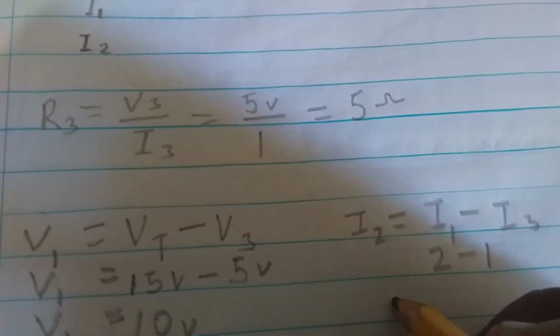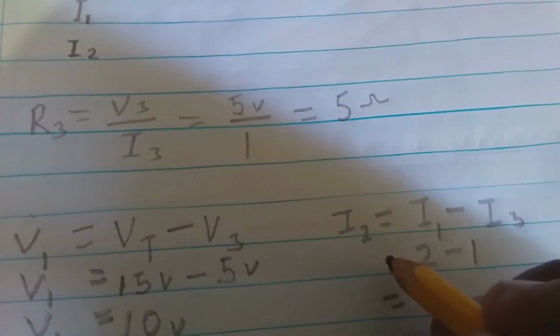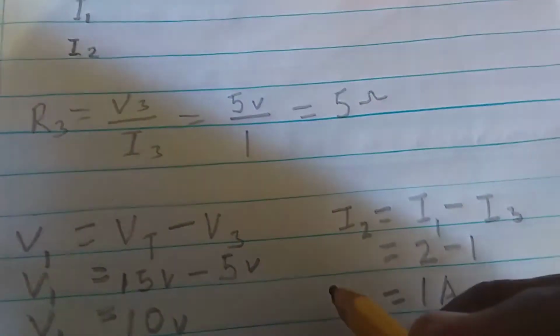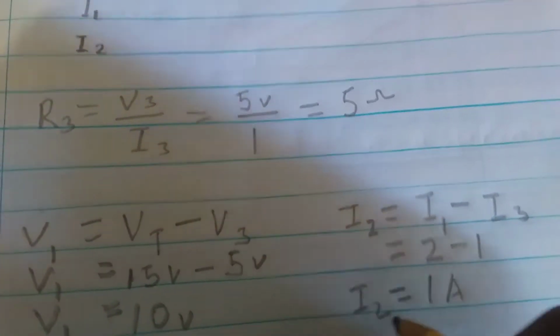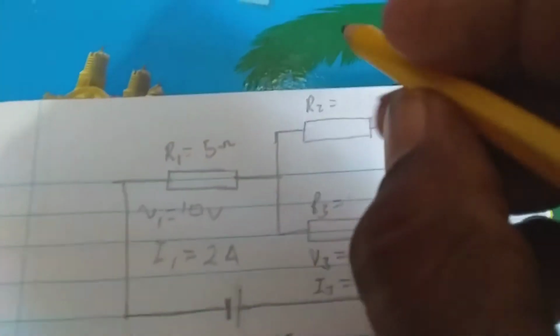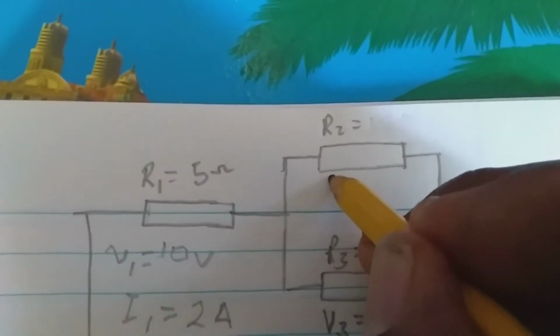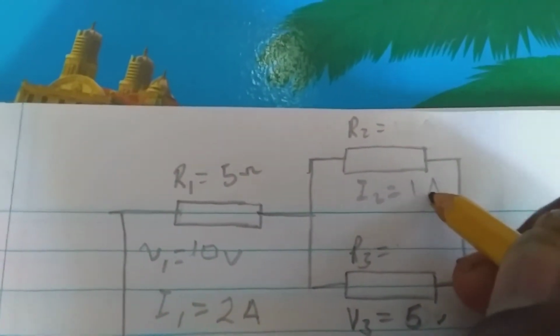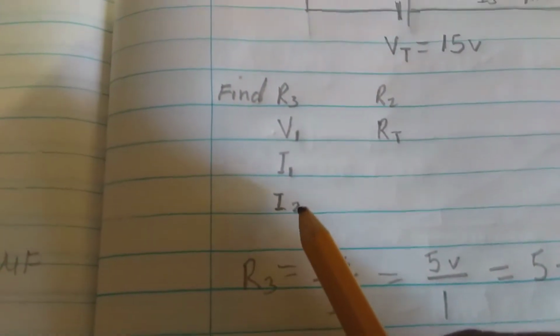So when we subtract 1 from 2, we have 1 ampere. So I2 is equal to 1 ampere. So here now we're going to write I2 equal 1 ampere.